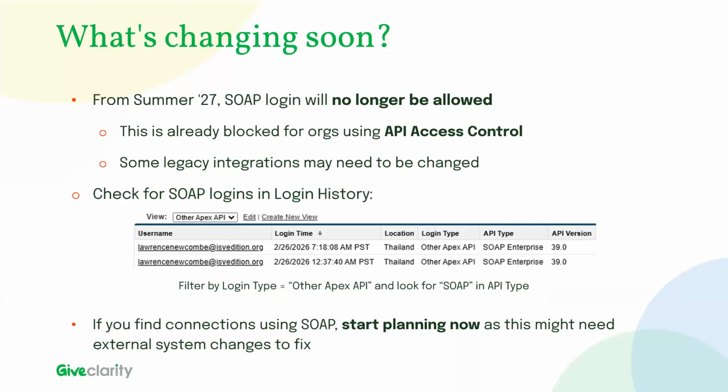If you see that, it's a sign that SOAP login is being used. It should hopefully be clear what integration that's associated with, and it's worth reaching out to whoever's providing that integration and working with them to get that moved over to OAuth.